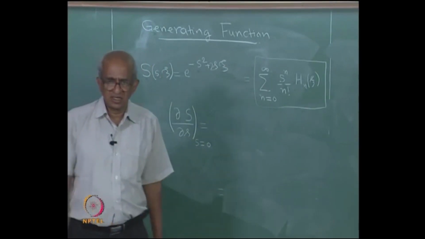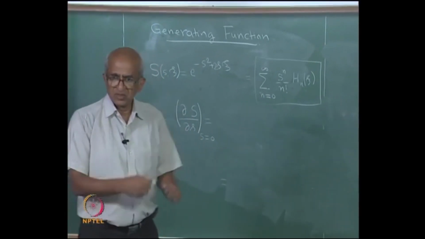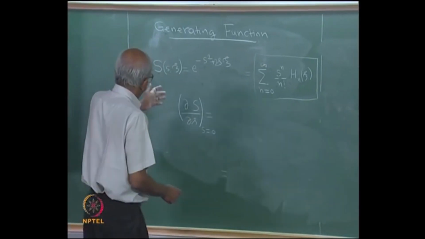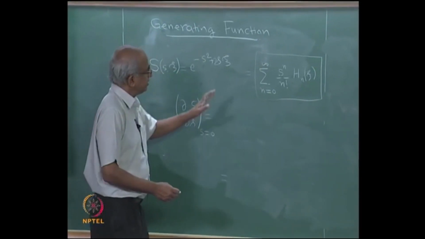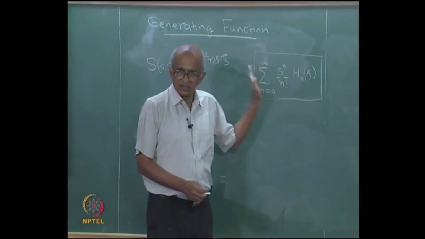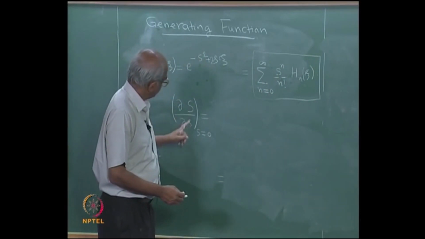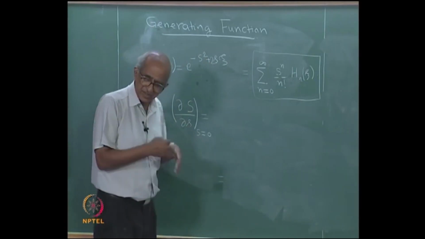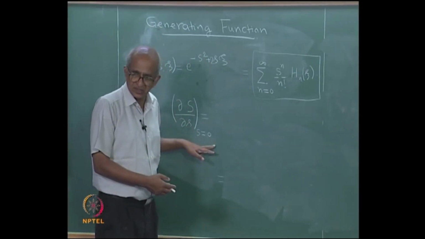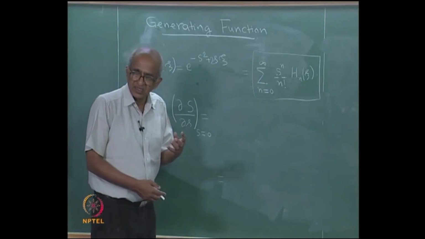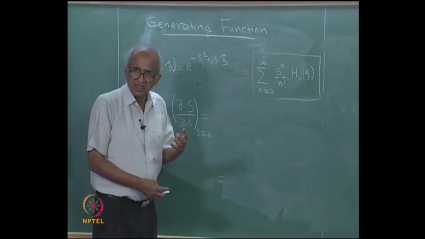What will be the answer? I suggest that you try this. If you differentiate partially, use this right hand side, use this expression. Imagine that I differentiate partially with respect to s. After doing the differentiation, I will put s equal to 0. You can imagine what is going to happen.